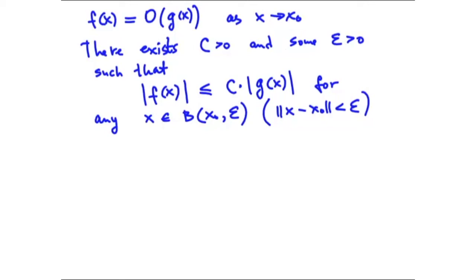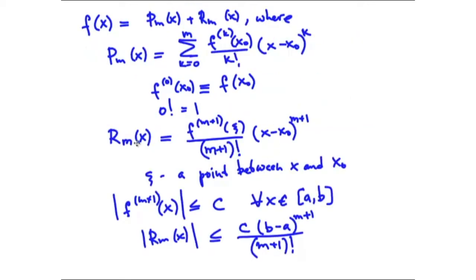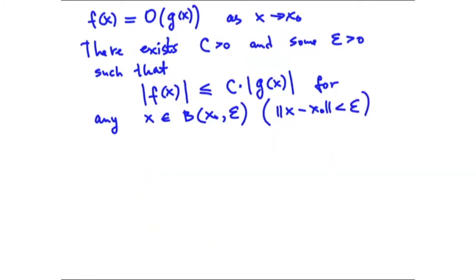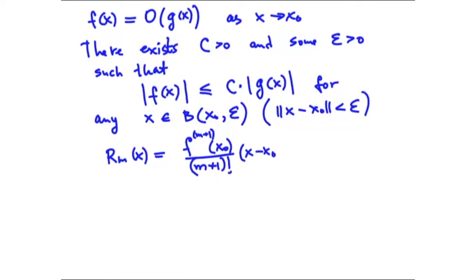Alright, so for example here, when we talked about the error bounds, Rm of x was given by quite a complicated expression, which was given by the m plus first order derivative of f at x0 divided by m plus 1 factorial multiplied by x minus x0 to the power m plus 1. So instead of writing this whole thing here, I can say that this is big O of x minus x0 to the power m plus 1.